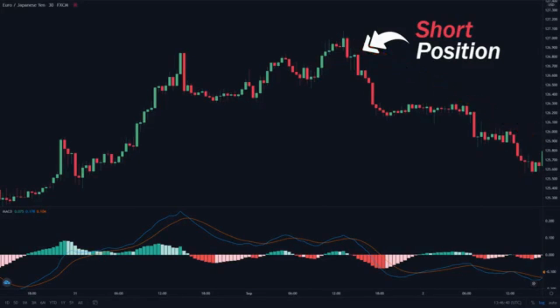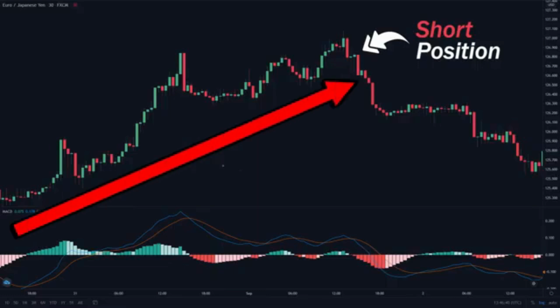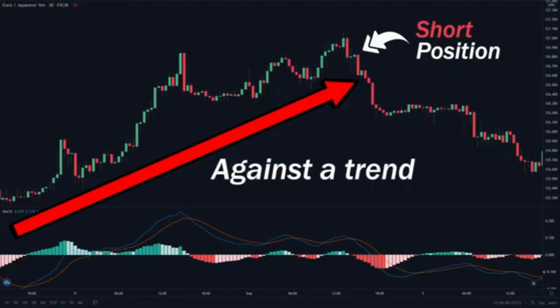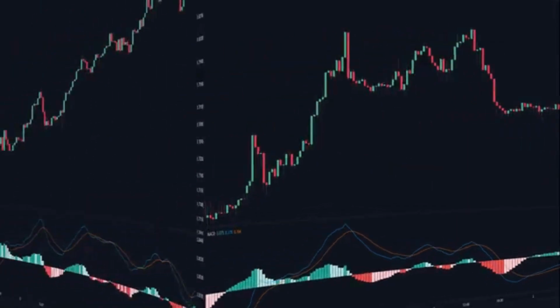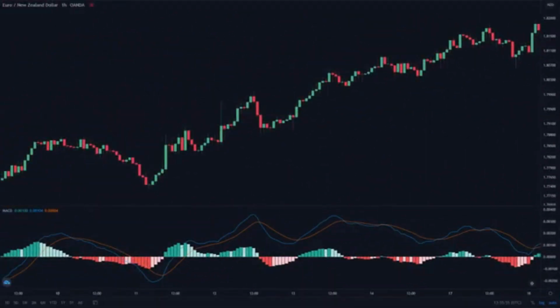But there are times where it doesn't. You see, a divergence is used to detect reversals. And if you're looking for reversals, it means most of the time you are actually trading against a trend, which may not be a good idea. Like this example here, you can see in this divergence, the price displays higher highs and is heading to the upward side.